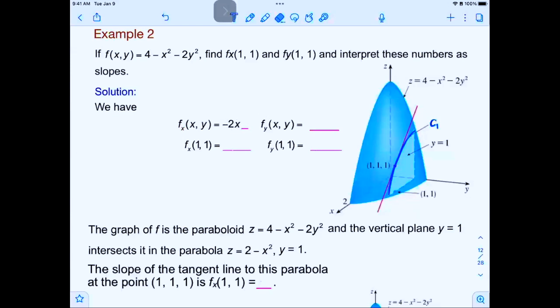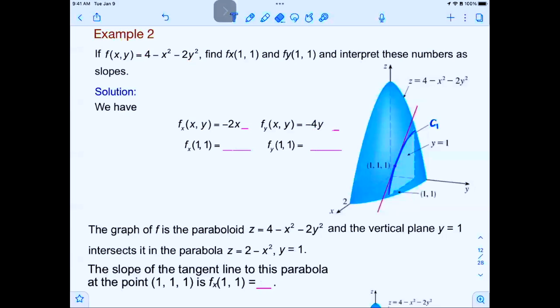Now what about the partial derivative with respect to y then? This one here you get 0. This one here you get 0. Yes, because when you take the partial derivative with respect to y, you think about x here like a constant, and the derivative of a constant will be 0. And then what's the derivative of this with respect to y? Negative 4y, right? So it's negative 4y.